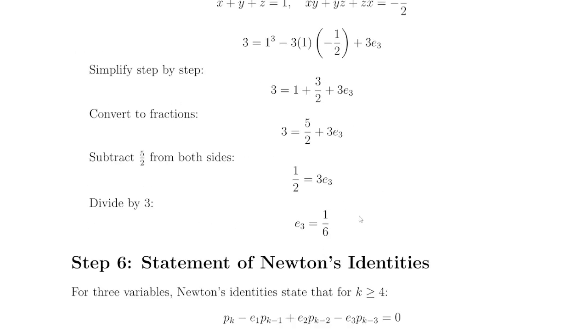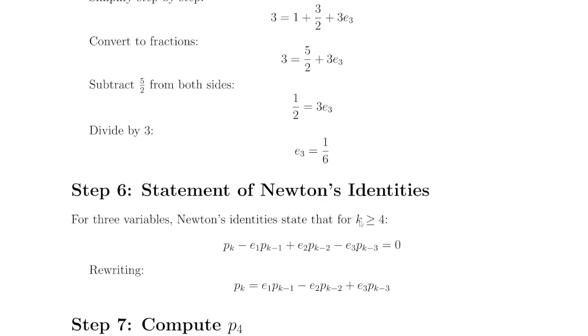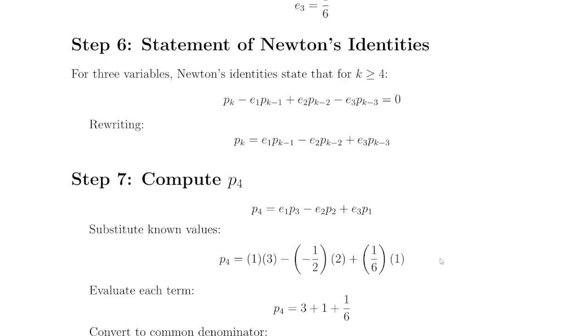So now we want to end up finding what is P5. But first, let's look at Newton's identities. So for 3 variables, Newton's identities state that for k greater than or equal to 4, P sub k minus E1 times P sub k minus 1 plus E2 times P sub k minus 2 minus E3 times P sub k minus 3 is equal to 0.